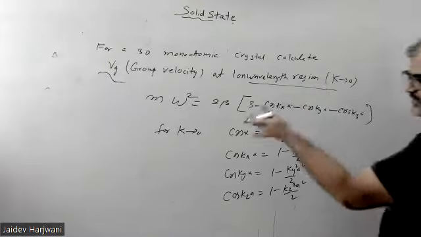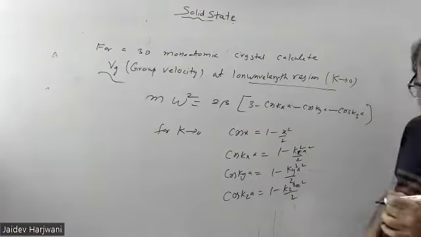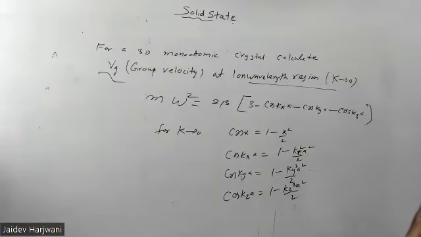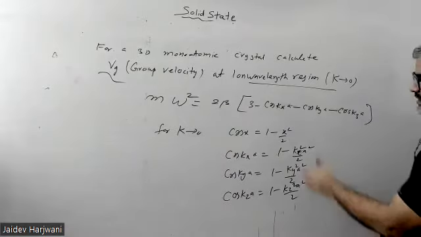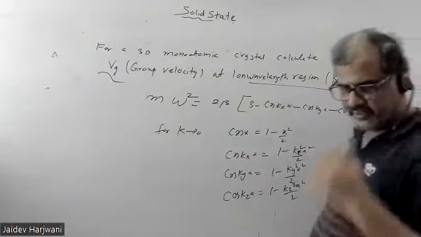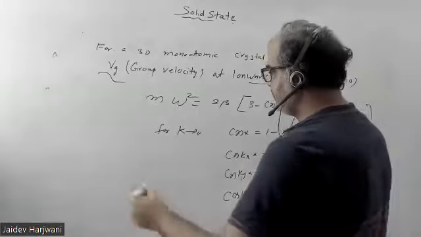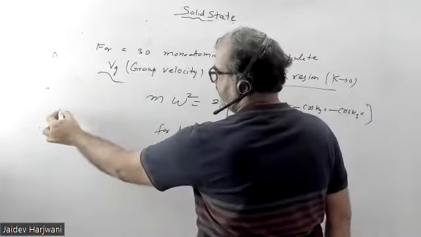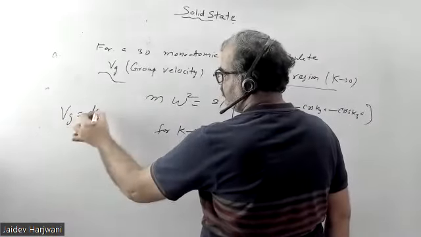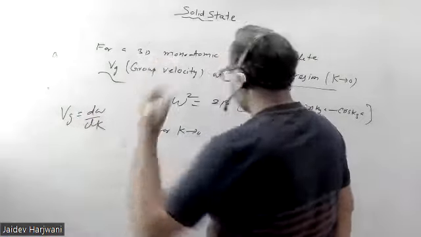If this limit is not there, you cannot write like this. Now the limit is there, so you can put these values here and calculate the group velocity. Group velocity is simply Vg equals d omega by dk. Calculate.